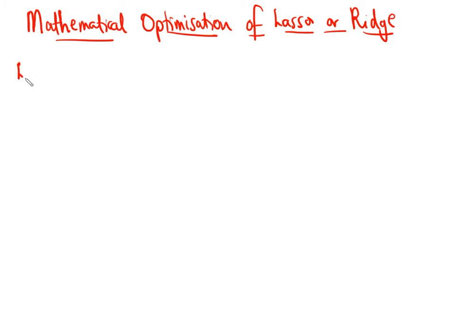For the Lasso, we're writing that it is RSS plus lambda times the sum over j equal to 1 to p of the absolute value of beta j, right? Let me just write for the ridge as well. Ridge is RSS plus the ridge penalty.